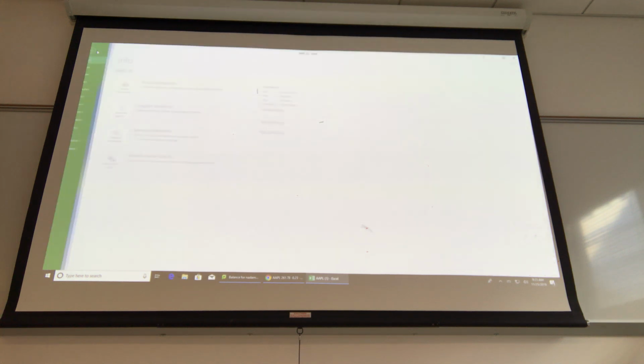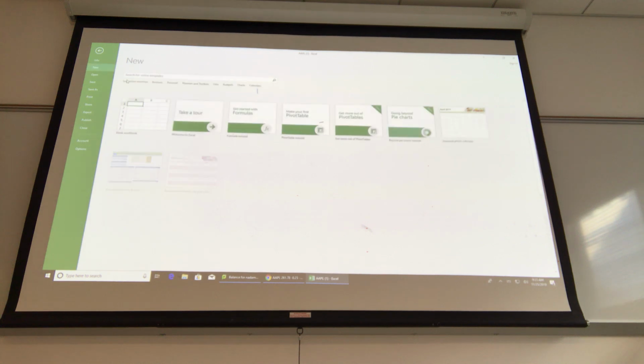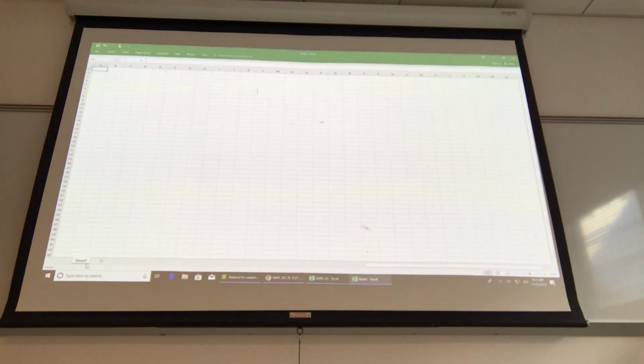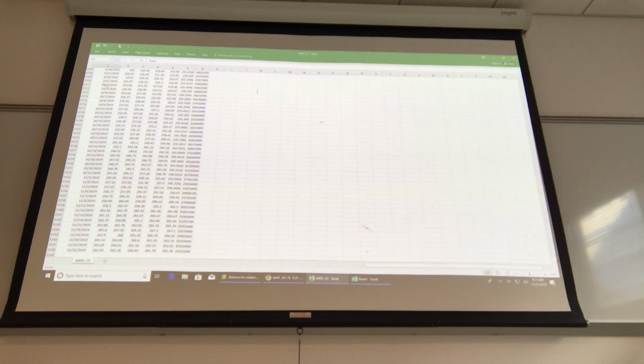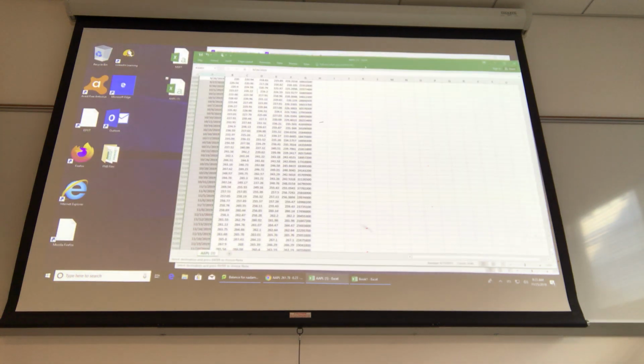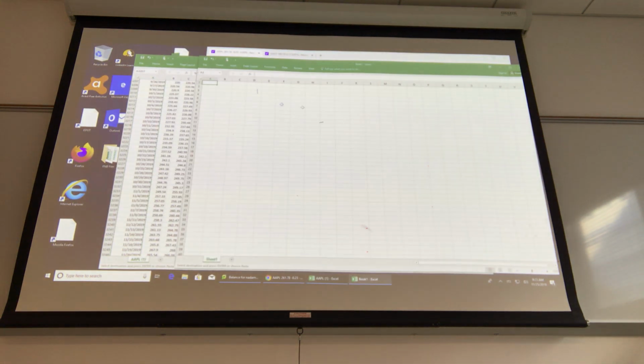If this is what I want, I'm going to make a new file. In that new file, I will go on and take the periods. I'll copy them and I will paste them.